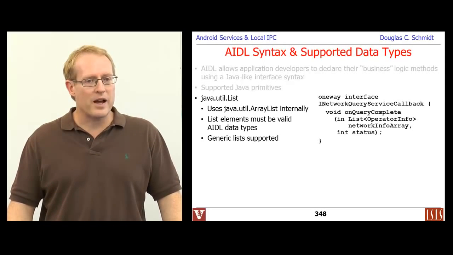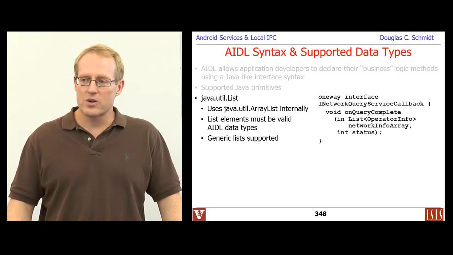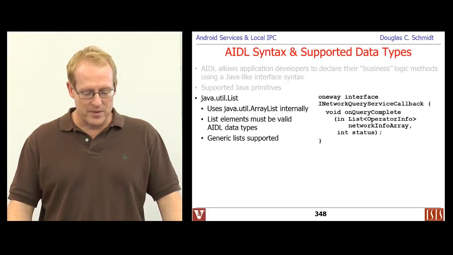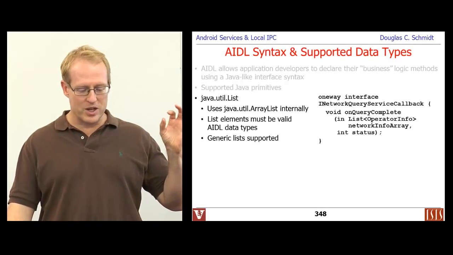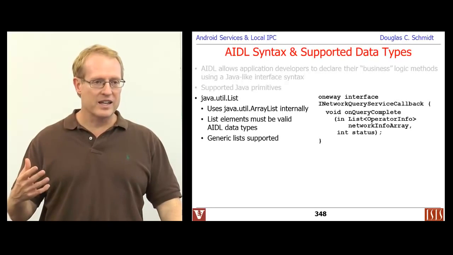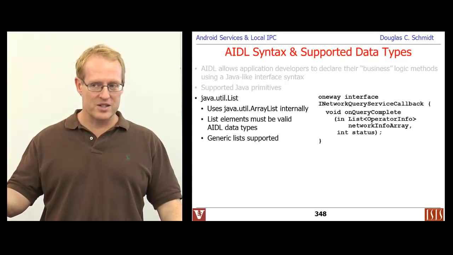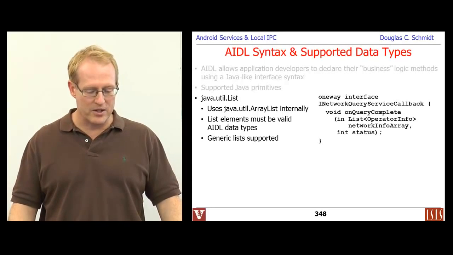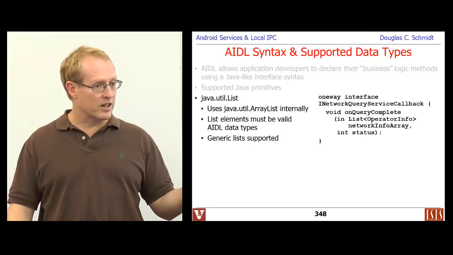You can also pass around lists. So there's this thing called Java util List. And internally it uses the Java util ArrayList as the implementation. The mapping of the IDL list abstraction is this underlying Java list abstraction. And you can support generic lists.